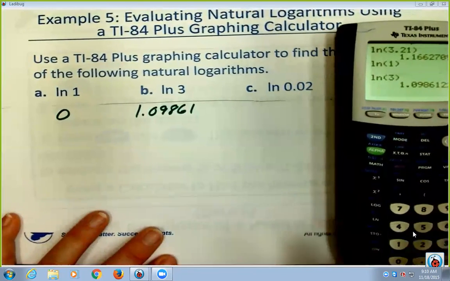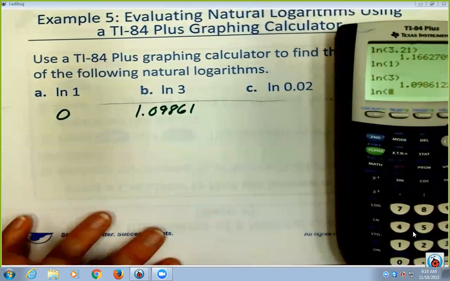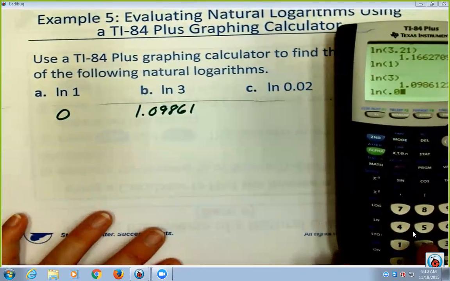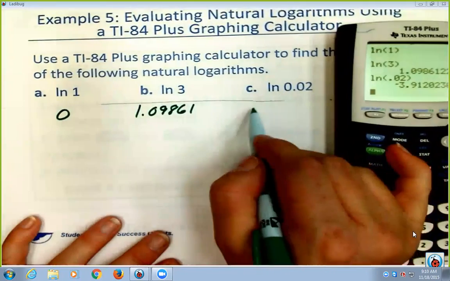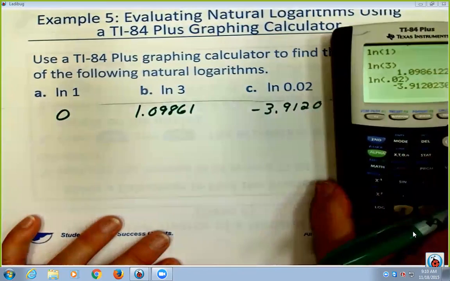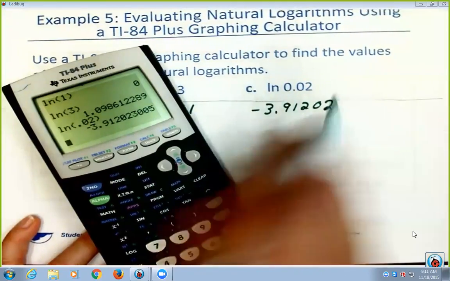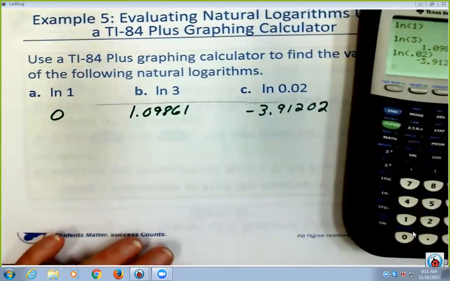And finally the last one, ln 0.02, parenthesis closed, equals negative 3.91202 when I round it to 5 decimal places.